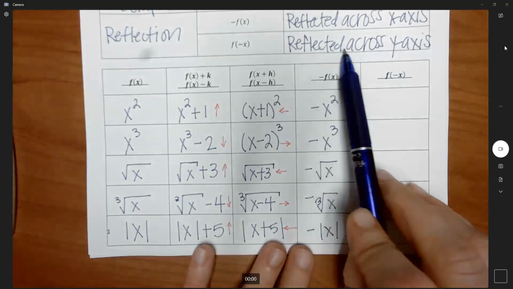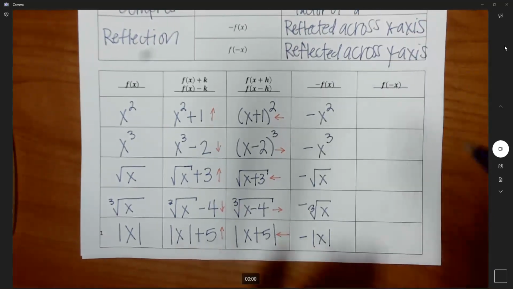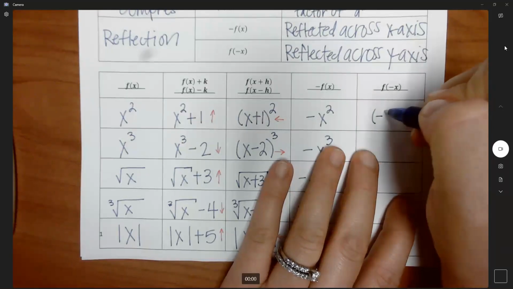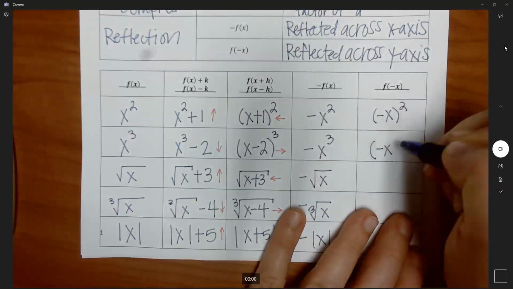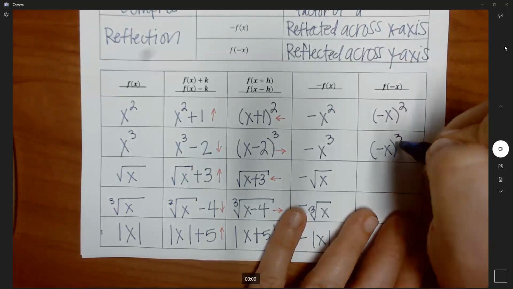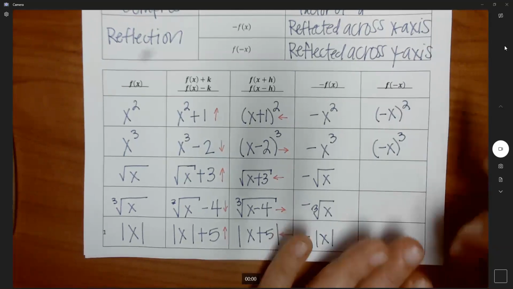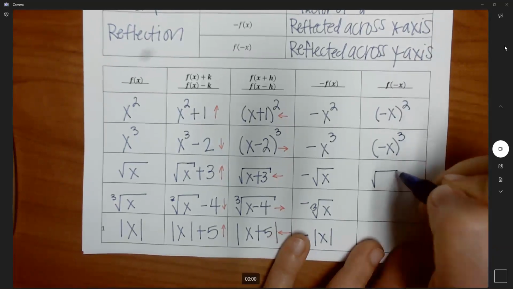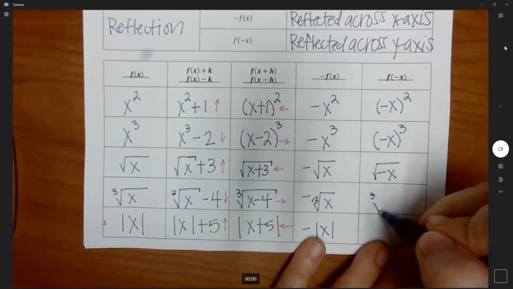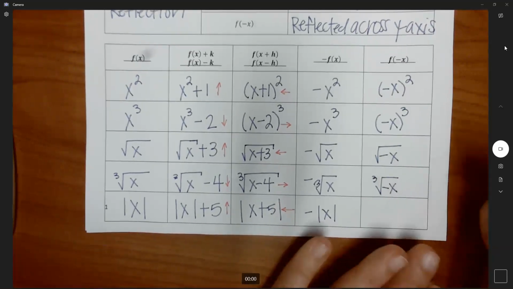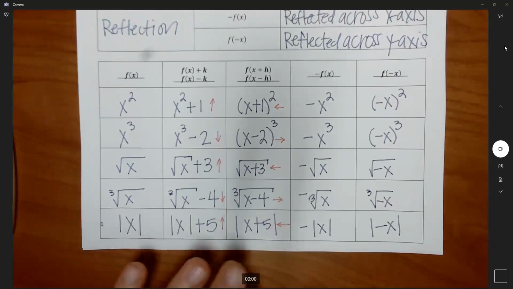But when it has been reflected across the y-axis, it is now inside of my function. So this is, in parentheses, negative x squared. In parentheses, negative x cubed. The square root of negative x, the cubic root of negative x, and the absolute value of negative x.